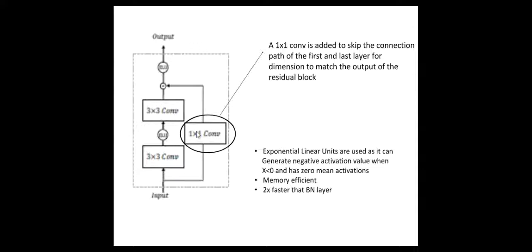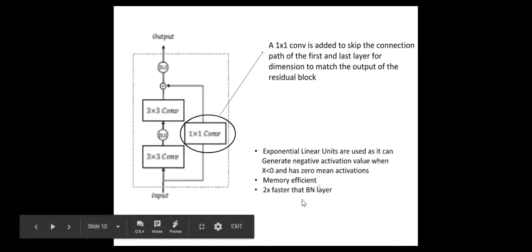This is because ELU can generate negative activation values where x is less than 0 and has zero mean activations, both of which improve the robustness to noise and convergence in training when our network becomes deeper, and it is also memory efficient and 2 times faster than BN layers.